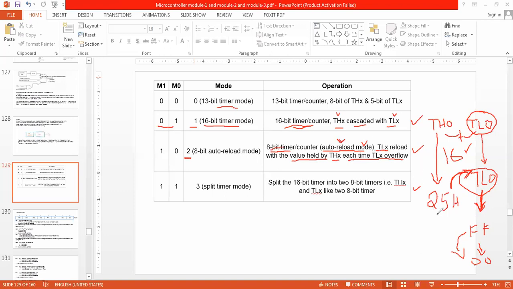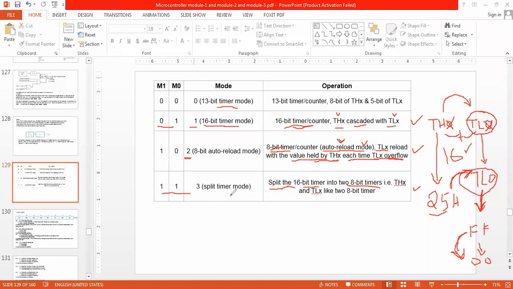Whatever value we store into THX will be loaded into TLX. The higher byte, TH, will be loaded into TLX whenever TLX overflows. Overflow means the maximum number is reached, and then it goes to the next number after the maximum. Then mode 3 is a split 16-bit timer into two 8-bit timers.